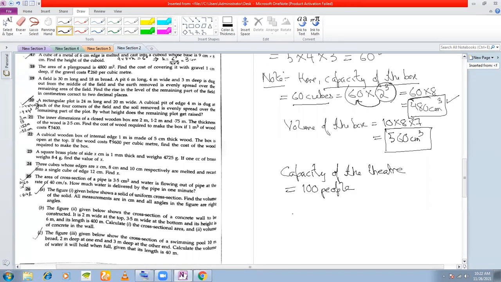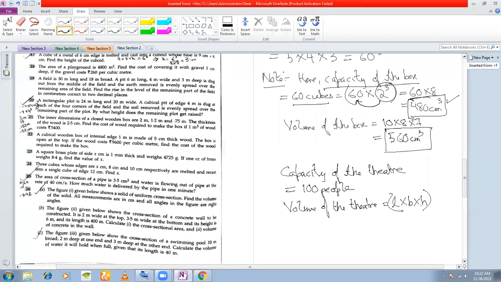Understood? But if I say volume of the theater, what does it mean? Length into breadth into height. You understood the difference now? Yes, sir.